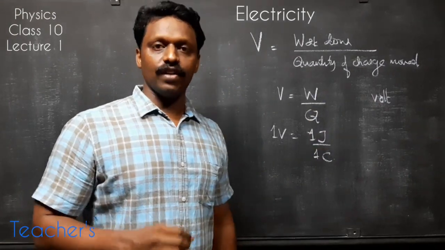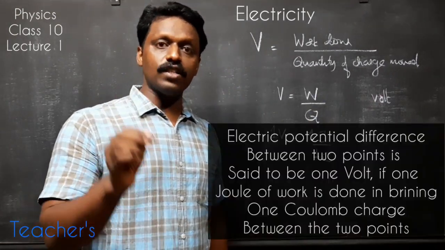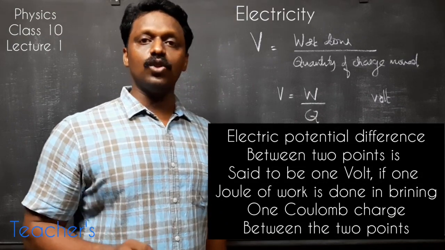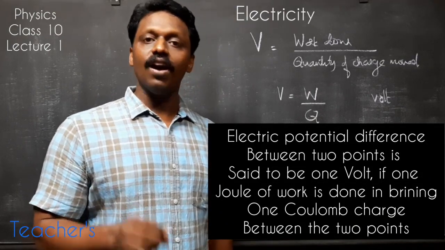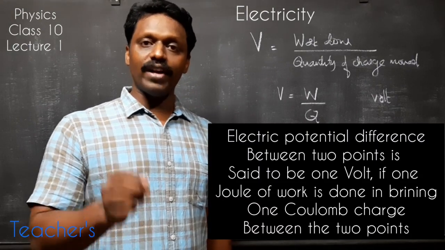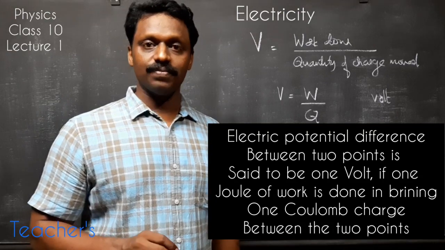So once again, the potential difference between 2 points is said to be 1 volt if 1 joule of work is done in moving 1 coulomb of electric charge from one point to the other. So that is how we define 1 volt.